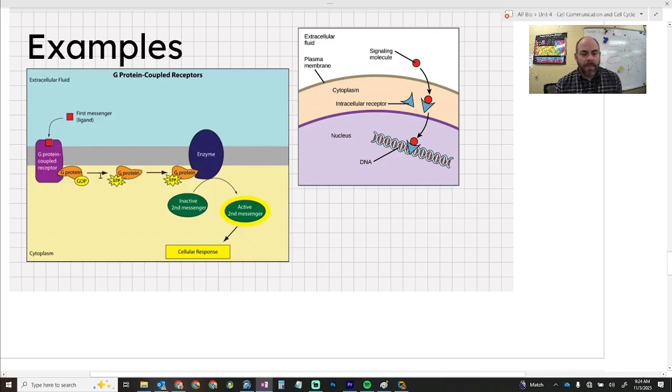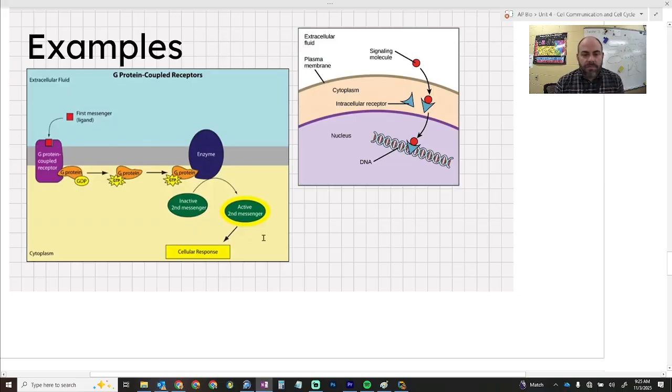It is like a transduction type molecule. You have the signal molecule that comes in, the receptor receives it, and then it triggers this G protein to turn on, which is going to turn on some enzyme, which is going to turn on some secondary messenger, which is going to elicit some kind of cellular response.